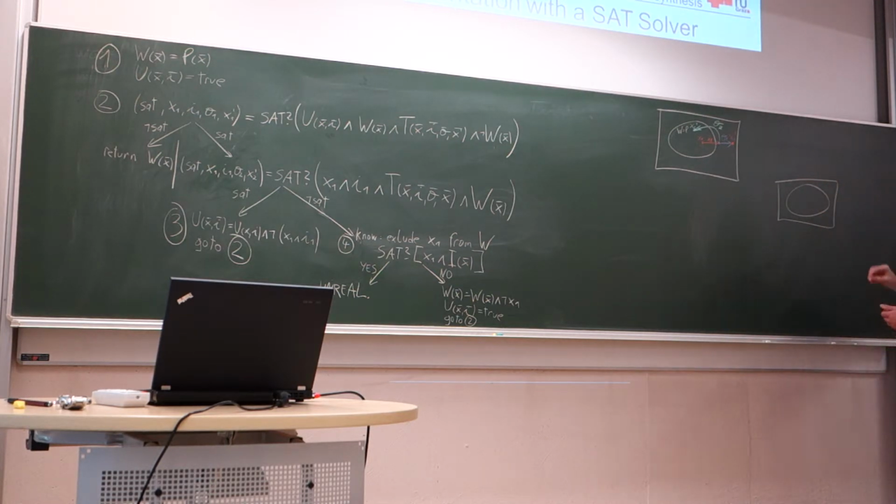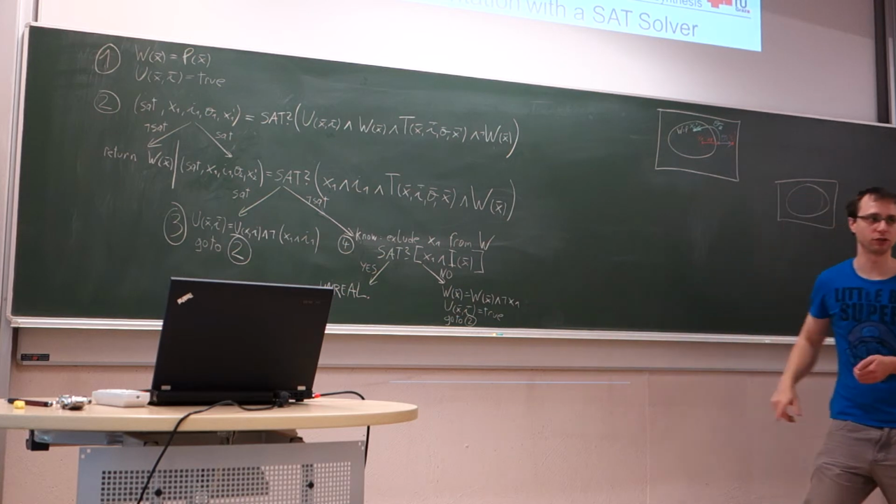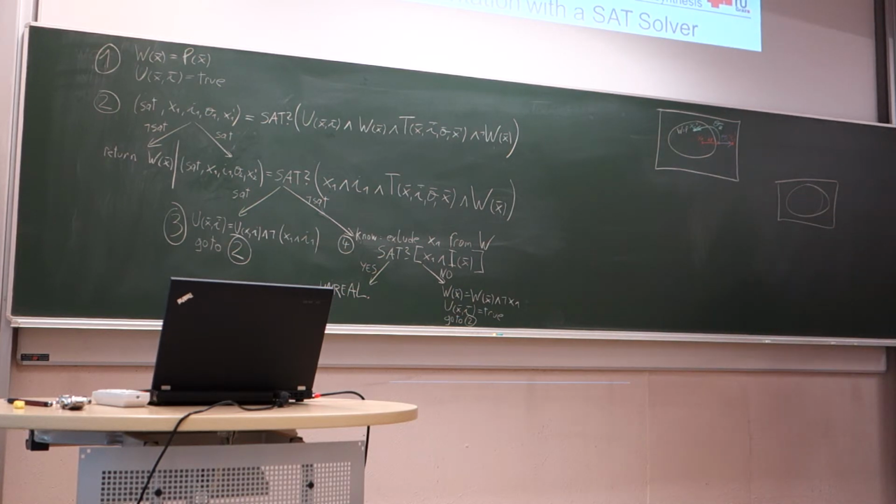Now when we update our winning region by cutting away a certain part, which is this part here, it may not have been possible to leave the winning region from this state before, but if we reduce the size of the winning region, then it may actually be possible to leave the winning region from this state here by going there.